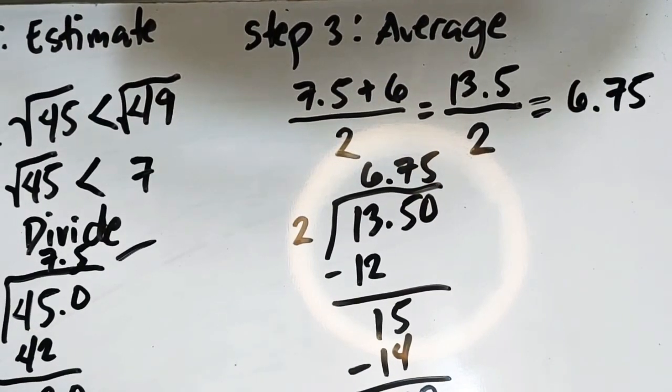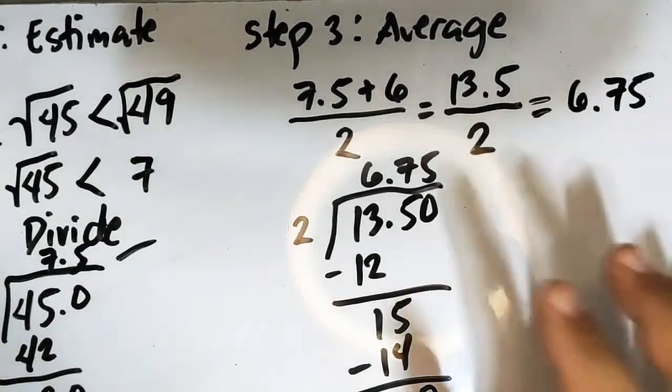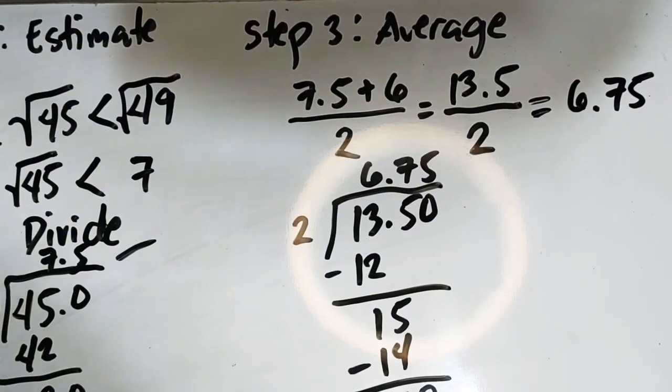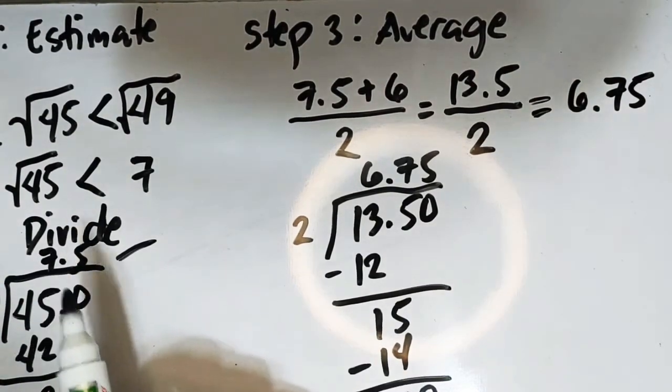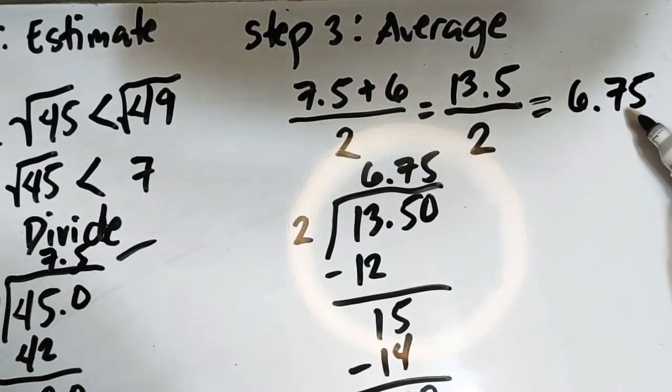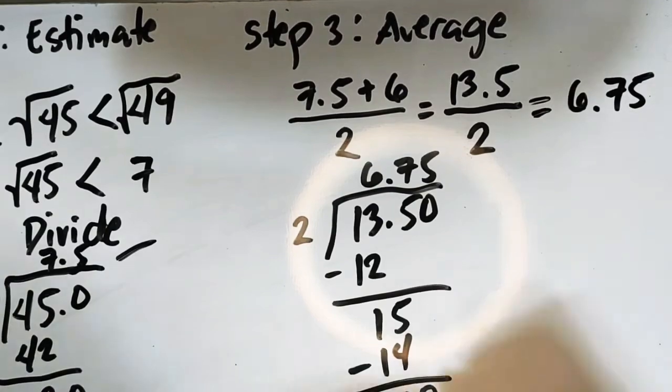Okay? So, after step 3, babalik tayo ulit sa division. Mag-divide tayo ulit and then get the average. So, i-divide natin yung 45 by 6.75. Okay?